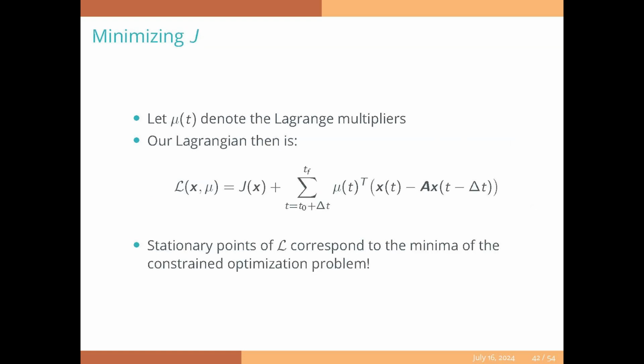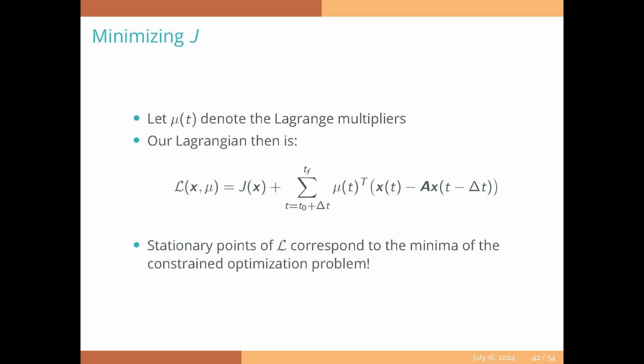Let mu denote the Lagrange multipliers. This defines for us our Lagrangian. The Lagrangian is going to be this very large multidimensional problem, individually dependent on x of t and mu of t at every point. It's the sum of our loss function, or cost function, the model-data misfit, plus the Lagrange multipliers times x of t minus A x of t minus delta t.